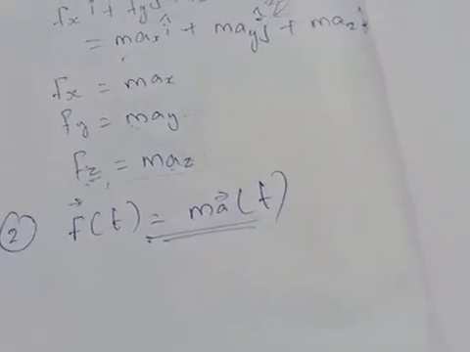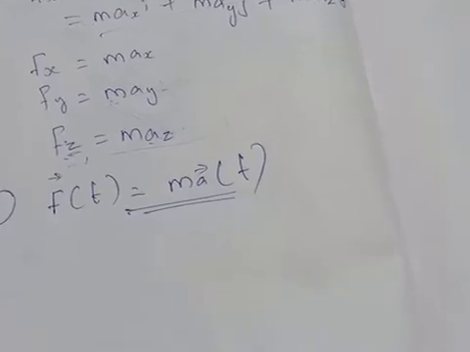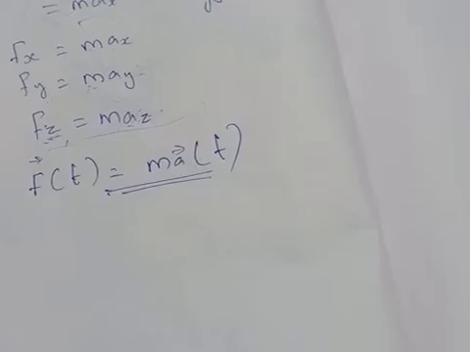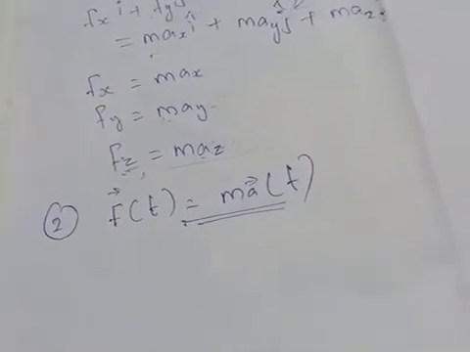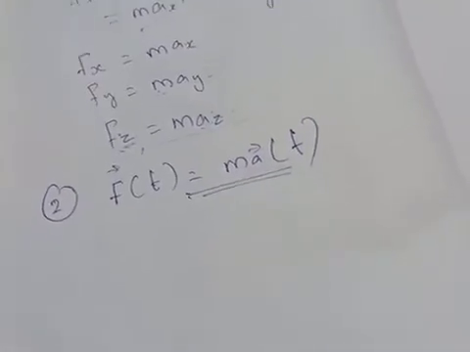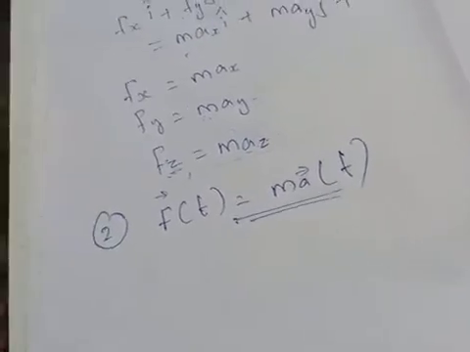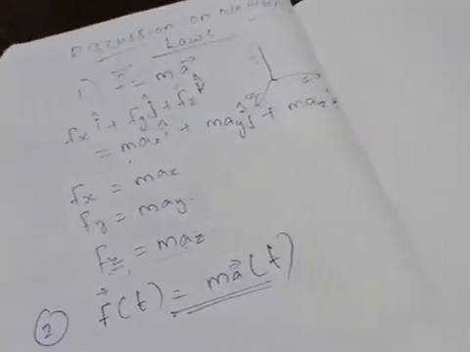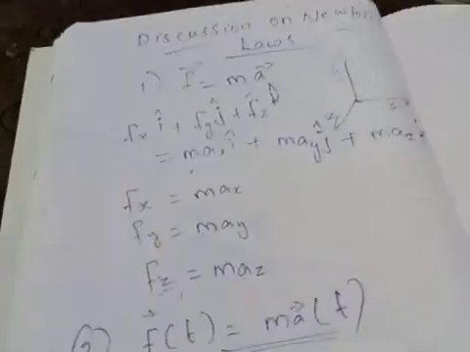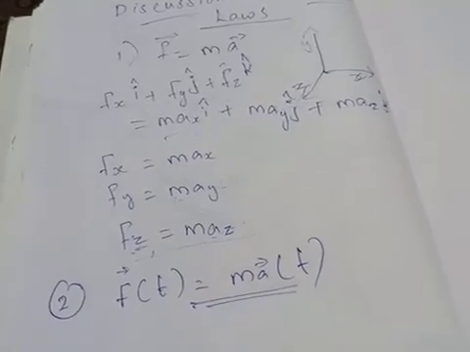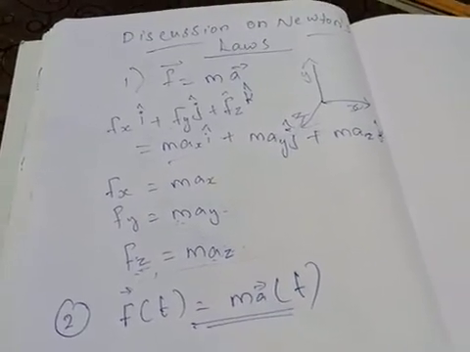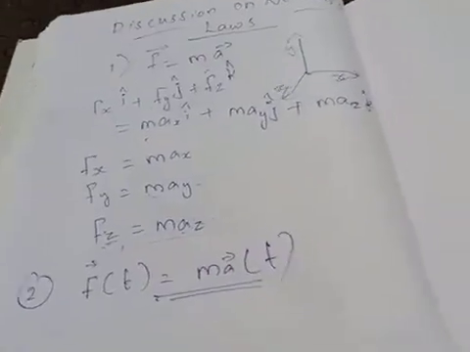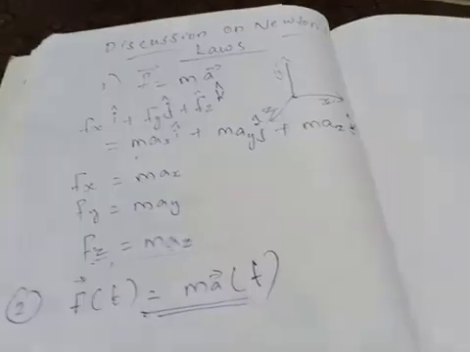It is saying that the acceleration of the object does not depend upon the previous history of the force. At that instant of time, the acceleration depends on the force at that instant. That is the second point.